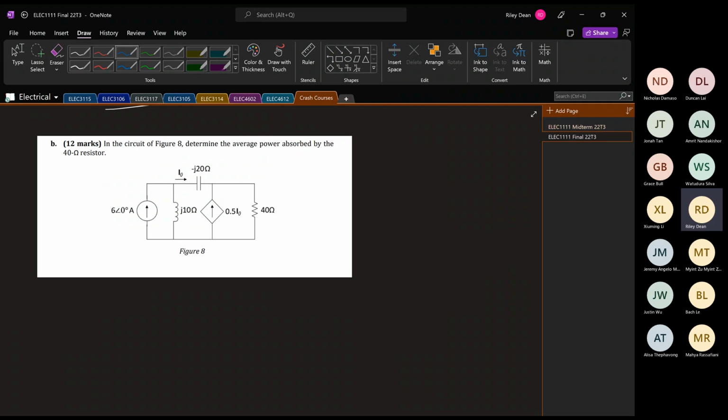So for this one, do we reckon mesh or nodal would be easier to do? That's probably our first place to look.